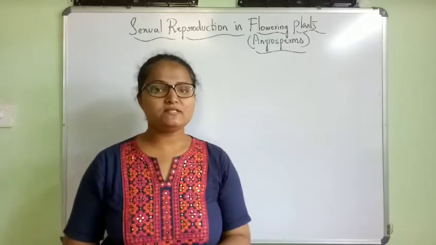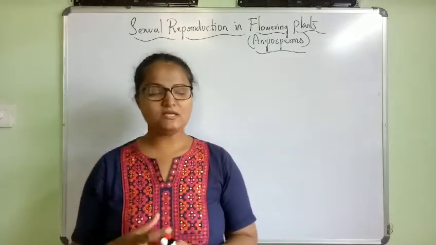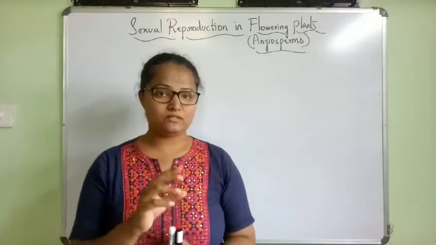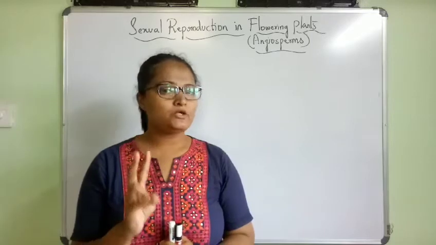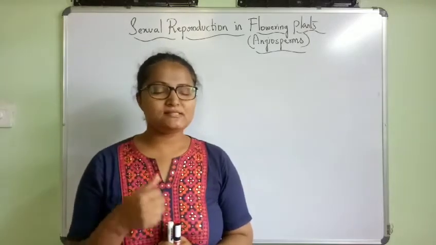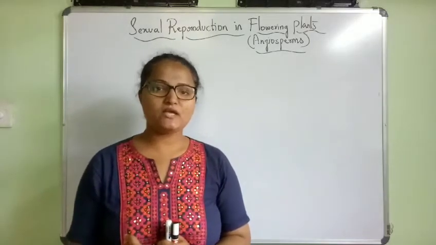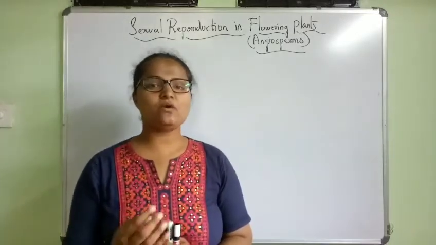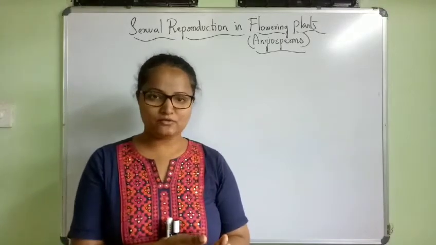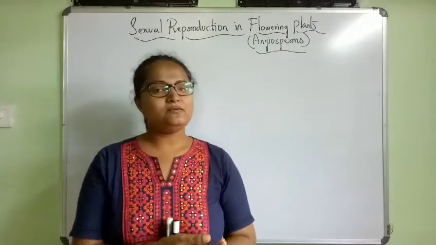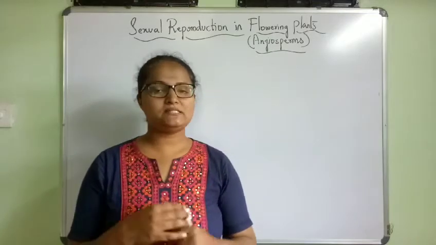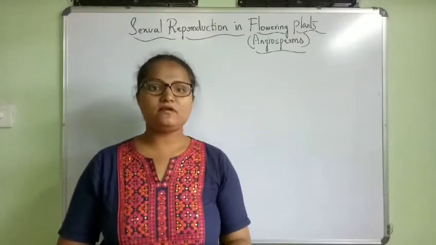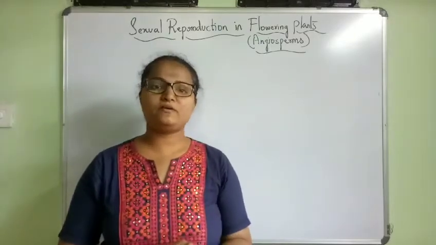We'll start with the pre-fertilization event. The pre-fertilization event consists of two sub-events: one is gametogenesis, the second is gamete transfer. Before going to gametogenesis, we should understand the structures of the androecium as well as the gynoecium. We'll first study the ultrastructure of the androecium and go to the production of the male gamete.